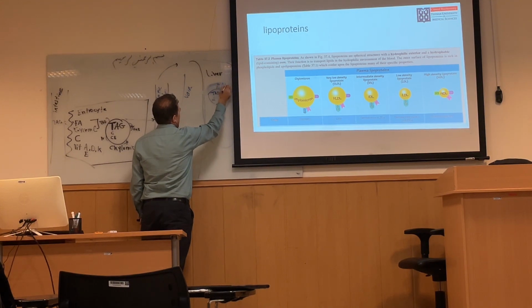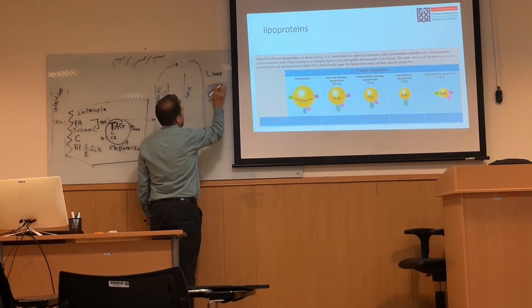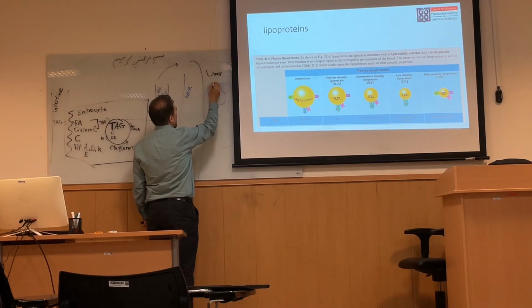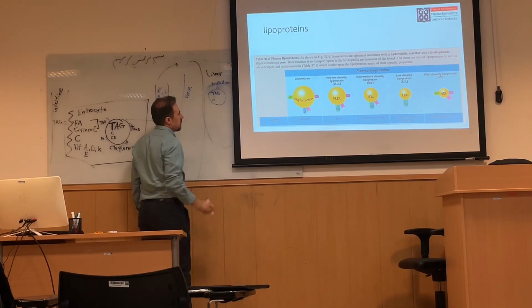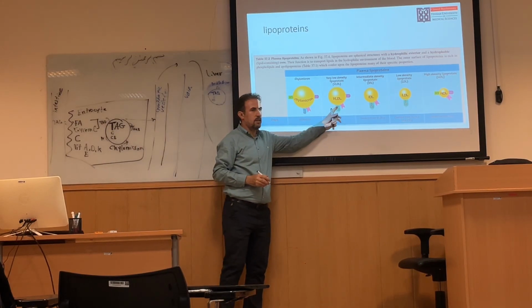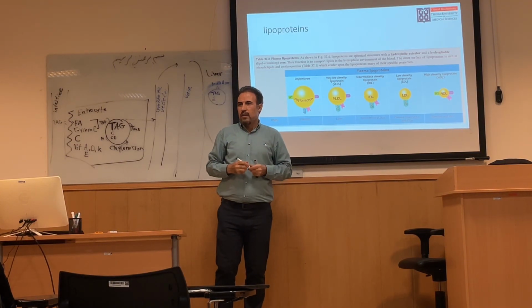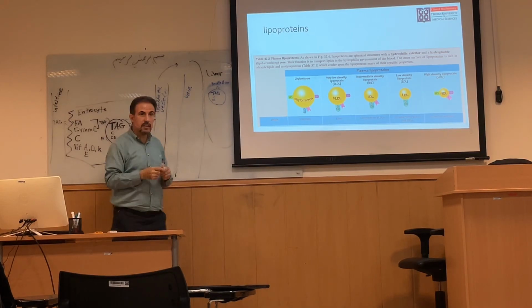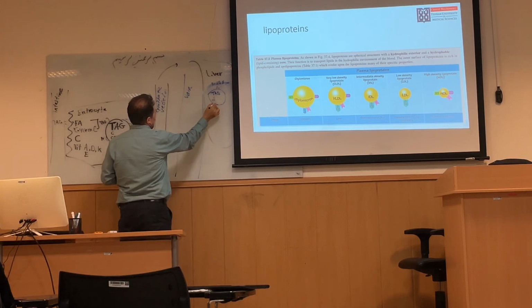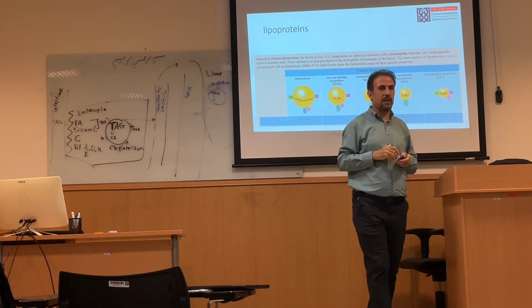The protein is called ApoB, ApoB100, the main protein. However, we have some other proteins, but I'm not sure. What happens when the liver synthesizes this one, releases it this time to our blood circulation. Now it can go to blood circulation.